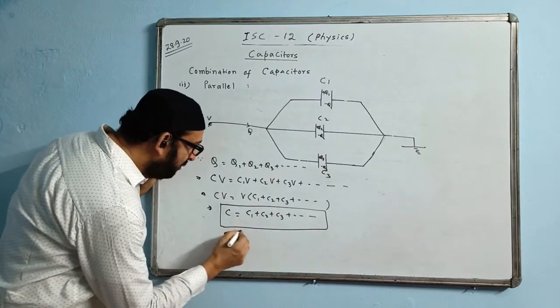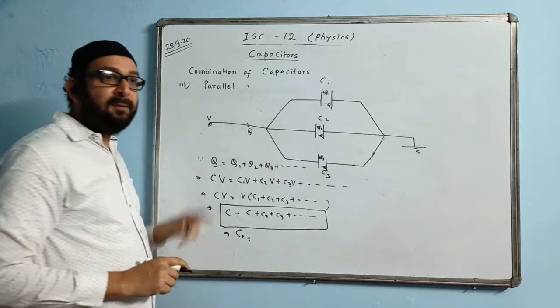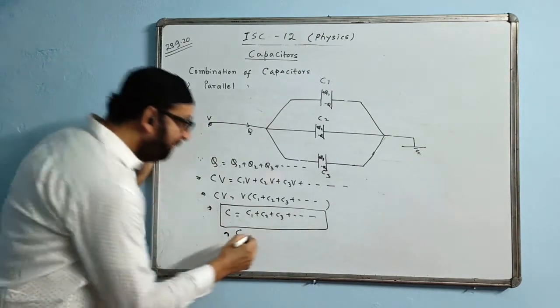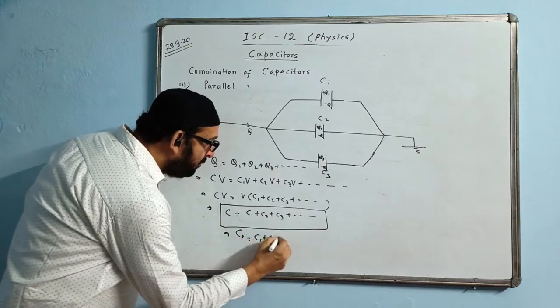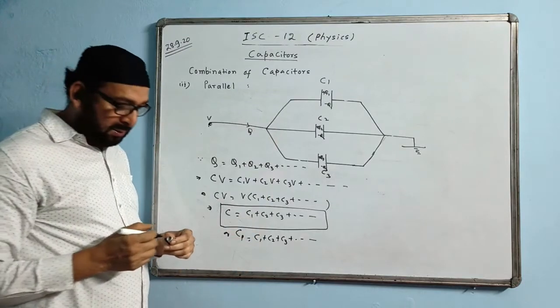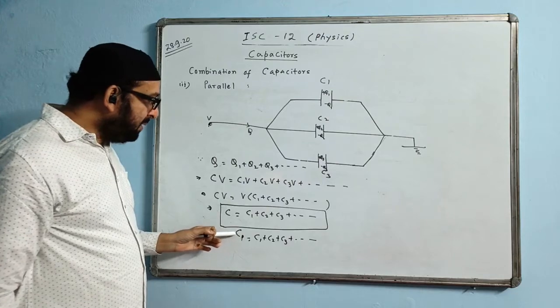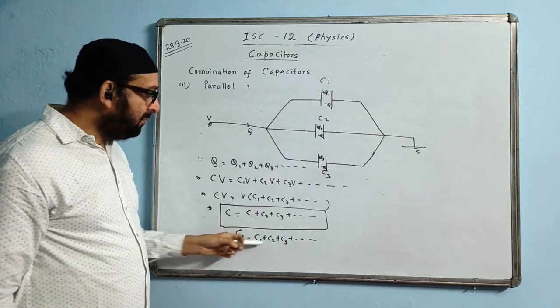Or we write C as Cp, total capacitance in parallel. Previously I wrote Cs. Cp is equal to C1 plus C2 plus C3 and so on. So this derivation is also there in the syllabus. It may carry 3 marks. It may come. So capacitance in parallel, the total formula is C1 plus C2 plus C3.